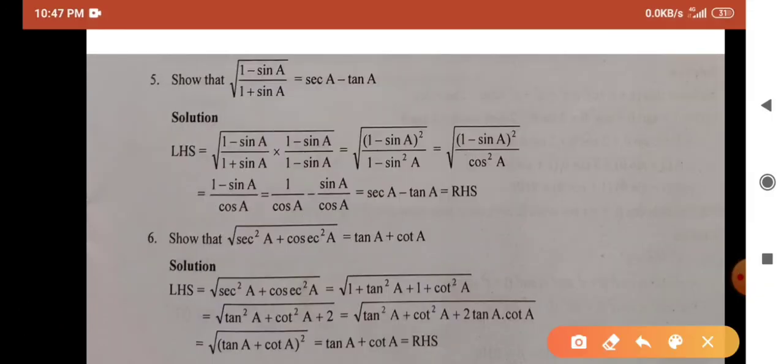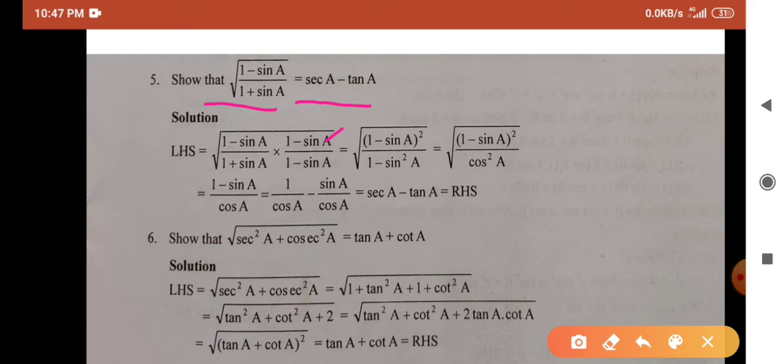In this problem again, show that under root of 1 minus sin a upon 1 plus sin a equals sec a minus tan a, right? Again here also let us consider LHS and take its conjugate. 1 minus sin a divided by 1 plus sin a is there; its conjugate is 1 minus sin a, multiplying and dividing by 1 minus sin a inside the root.